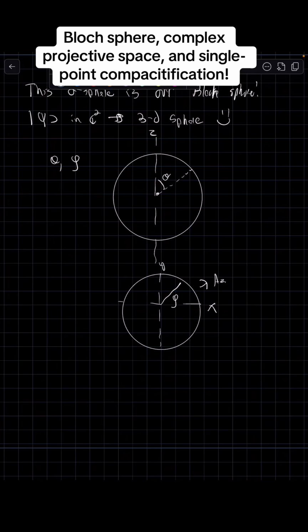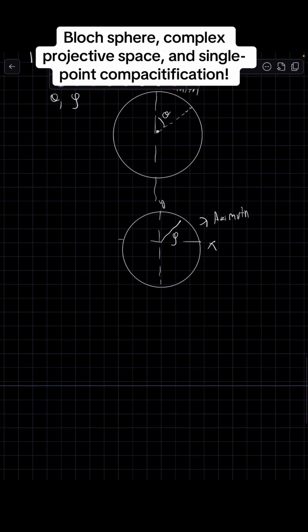Phi is the azimuth, and theta is called the zenith. And then we go from alpha 0 to beta 1 to theta phi.